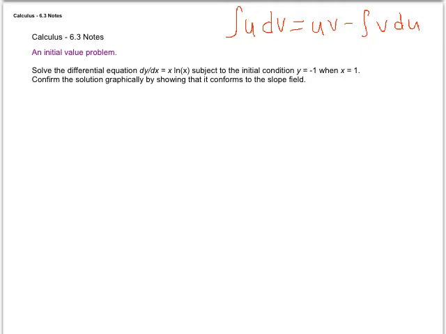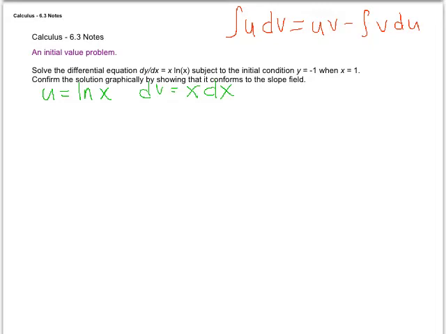So let's let u equal the natural log of x. The derivative of that is going to be easy to deal with, and let's let dv equal x dx. And again, that'll be easy to deal with.